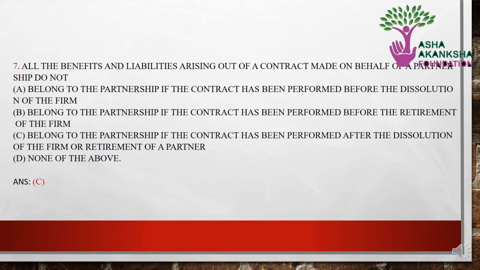The correct answer to this question is option C, that is, all the benefits and the liabilities arising out of a contract made on behalf of a partnership belong to the partnership if the contract has been performed after the dissolution of a firm or the retirement of a partner.